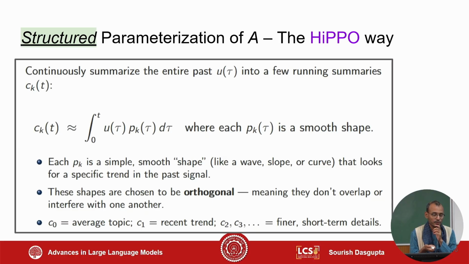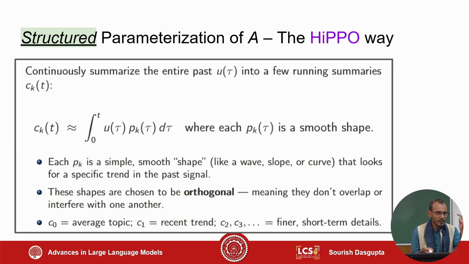So C0 would then be your average topic, C1 your more recent ones, and so on and so forth. As you increase the index of C at every time point, you get finer short-term details. So that is the idea. Which means the P0 wave would represent a broader topic, P1 would represent a bit more detail, P2 will represent even finer details, and so on and so forth.